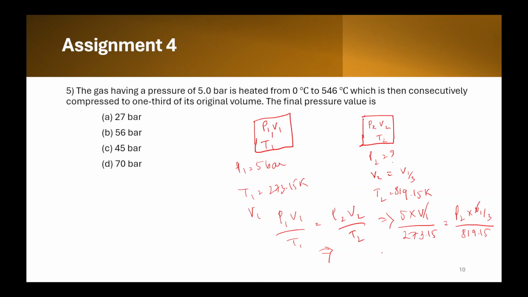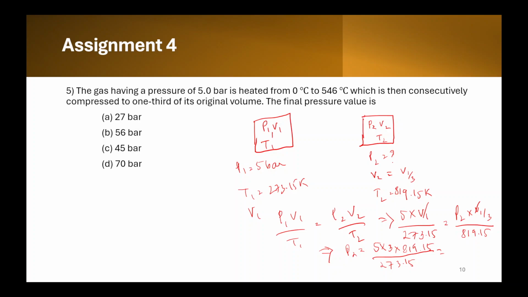If we solve this for P2, it becomes P2 is equal to 5. This 3 goes up, this 819.15 also goes up, and the denominator has 273.15. So P2 becomes 5 into 3 into 819.15, a big number, divided by 273.15.